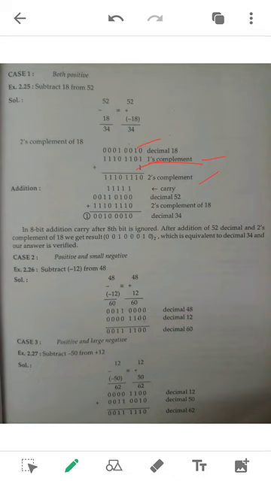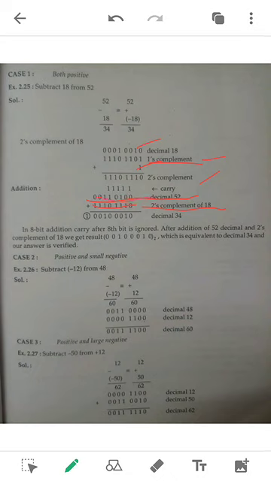After the 2's complement, this number has to be added to 52. Here we have 52, and this is the 2's complement of 18, with their decimal equivalents.